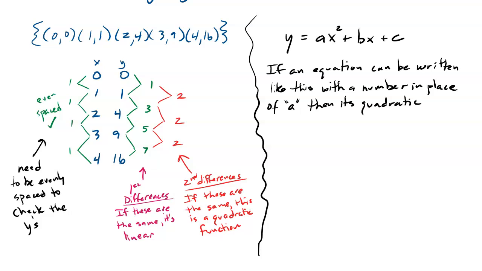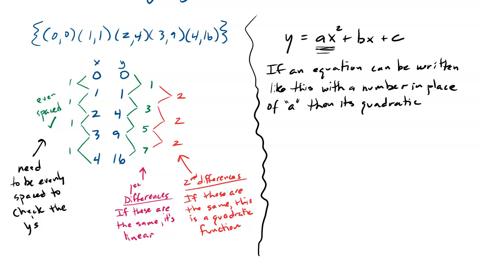Basically, if you can write an equation like this, as long as there's a number in place of a, it's quadratic. The b and c don't matter, to be honest. The only thing that matters is the ax squared, because the x squared is what makes it quadratic.